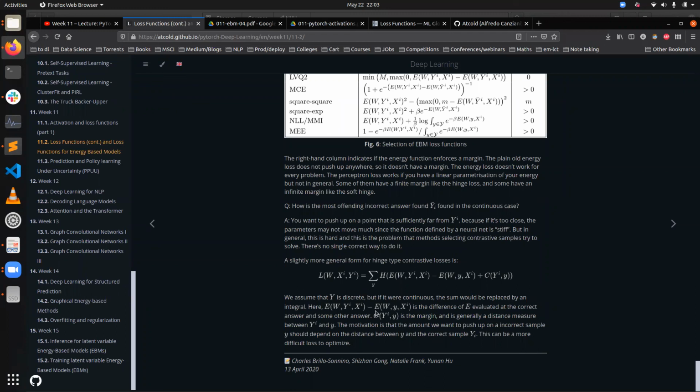So this y is the generic y value for all y's, and the term is the difference of E evaluated at the correct answer and some other answer. And the margin is also not a constant. The margin depends on the distance, a distance measure between the y under consideration and the actual y, which makes sense because the amount we want to push up on an incorrect sample y should depend on the distance between y and the correct sample yi.